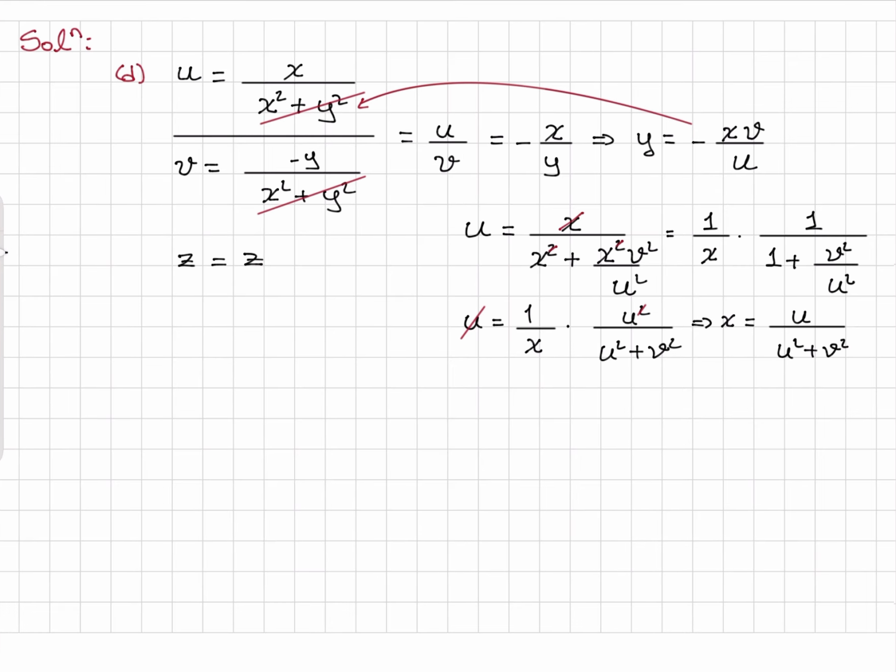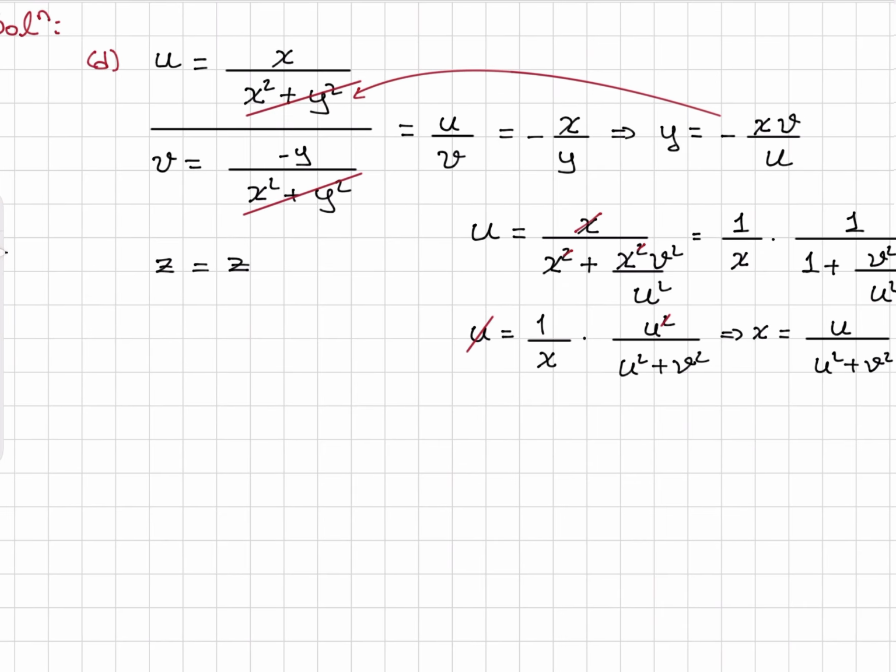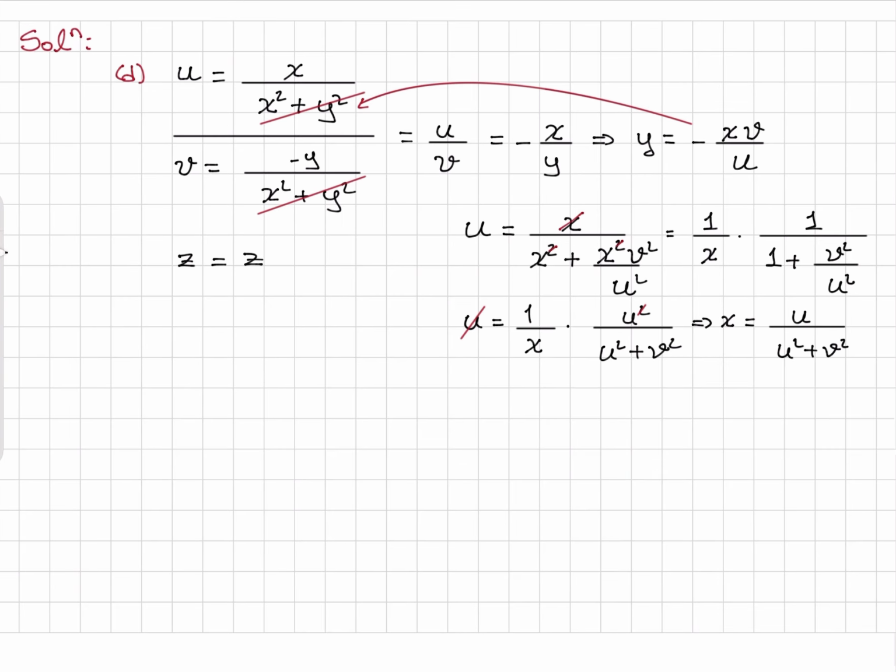Now at the same time, I have y is equal to minus xv over u. So I'm going to substitute my result for x here. So let's write y is equal to minus xv over u, which is minus u over u squared plus v squared times v over u.